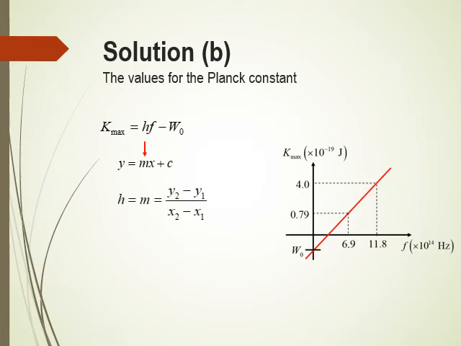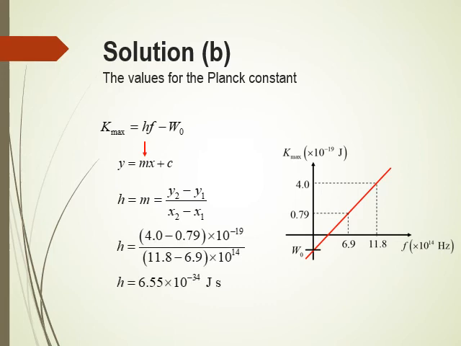So h equals m, which is the gradient, and we know gradient equals y2 minus y1 over x2 minus x1. You have 2 points, which means you have y1, y2, x1, and x2. So substitute the values in the equation, you will then obtain h equals 6.55 times 10 to the power of negative 34 joule second.